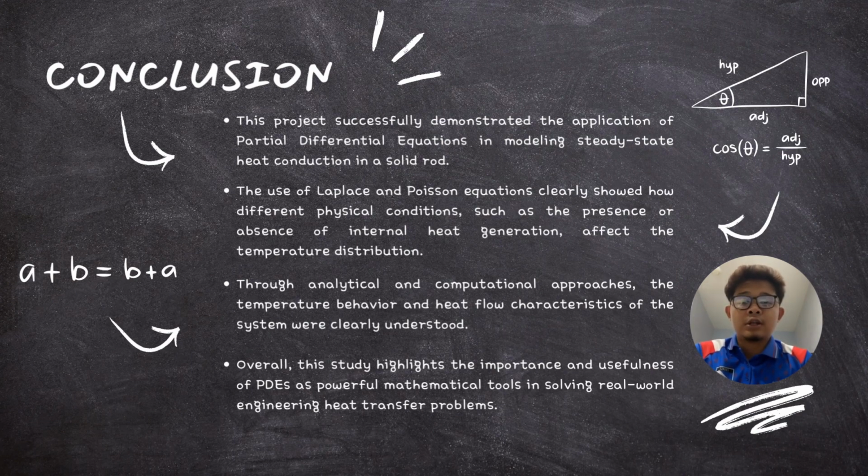Then, using analytical and computational methods, we were able to clearly understand the temperature behavior and heat flow in the system. Overall, this study highlights that partial differential equations are powerful and useful tools for solving real-world engineering heat transfer problems.